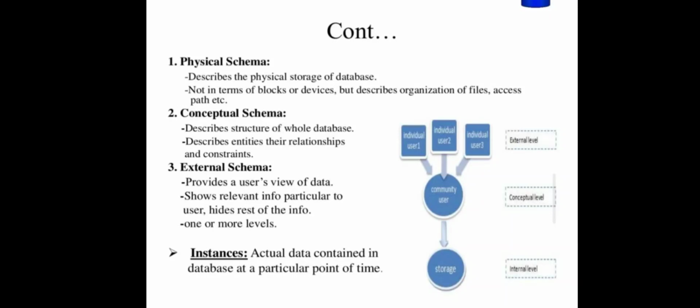It provides a user view of the data, showing relevant information particular to the user and hiding the rest of the information, at one or more levels. That is the external schema. Instance: the actual data contained in the database at a particular point in time is called the instance. Is it clear to everyone?